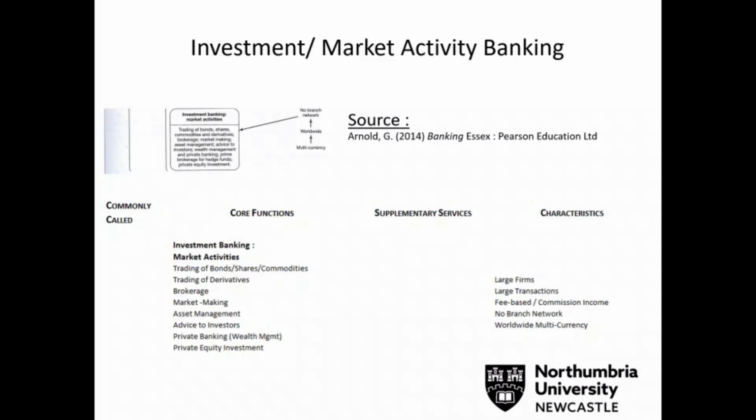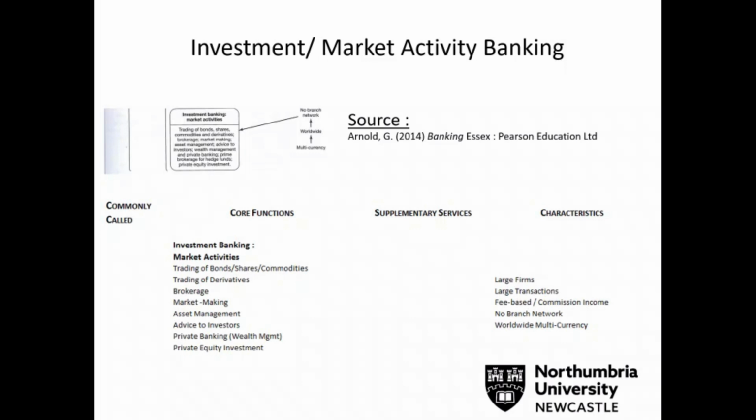What I'd recommend is that you grab a hold of the core textbook and read up on the various definitions of these types of banking institutions. But do remember, one bank like HSBC will be a retail bank, a commercial bank, and an investment bank with both market activities and commercial activities.